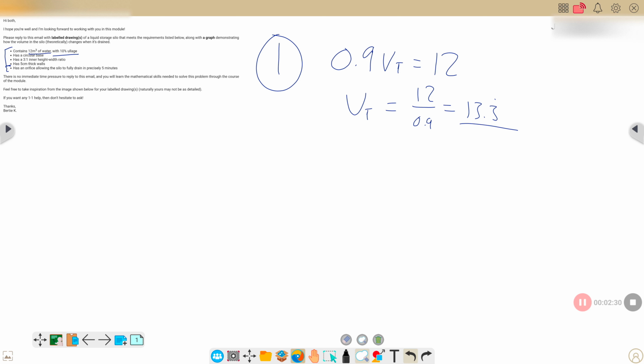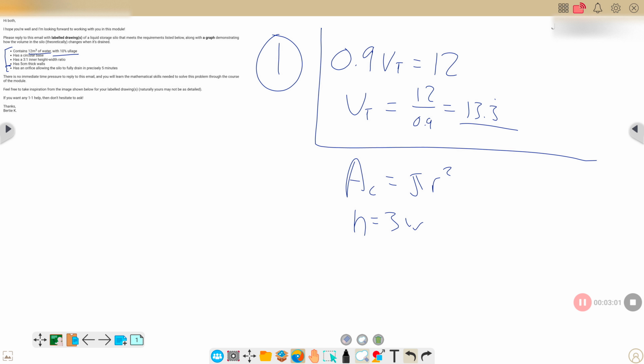Where would I go from here? Well, I'd look at that and think, as a circular base, I can say that the cross-sectional area is equal to pi r squared, because that's the area of a circle. It has a 3-to-1 inner height to width ratio. What that basically means is if I had a width of 1, then my height would be 3. If I had a width of 2, then my height would be 6, and so on. Therefore, H must be 3W.